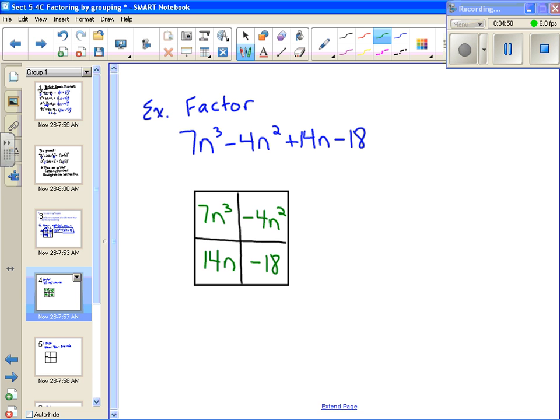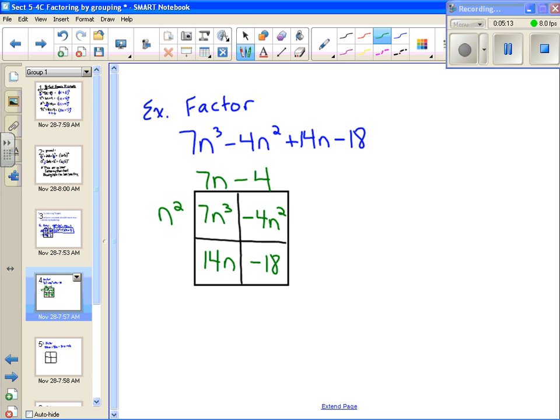So no number can come out of the first row, but I can factor out an n squared, which makes this a 7n and this a minus 4. I think we're going to have a problem on this one. And because this would have to be, yeah, this one's not going to work.